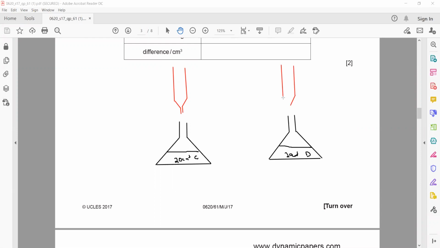In the second reaction we only need 17.1 cm cube of thiosulfate for a complete reaction.